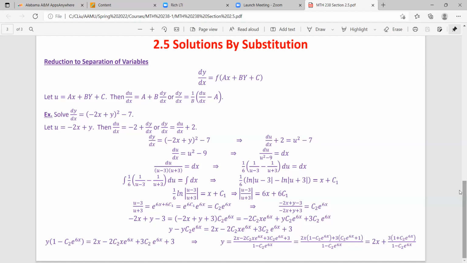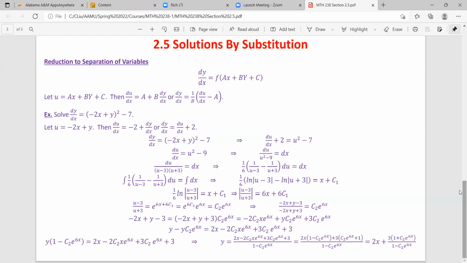And you can do a little simplification and rewrite this solution as 2x plus 3 times (1 plus C2 e to the 6x) over (1 minus C2 e to the 6x) on the right-hand side. So that's the solution to the problem.